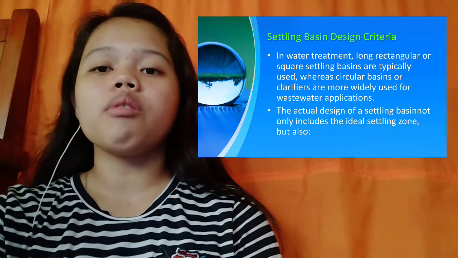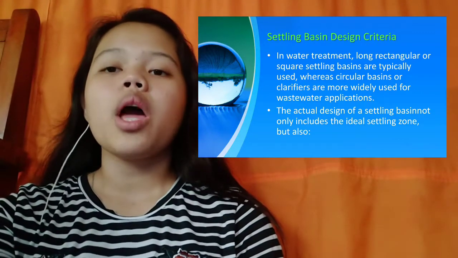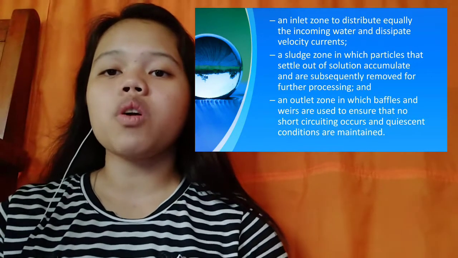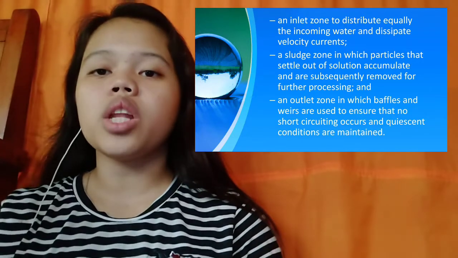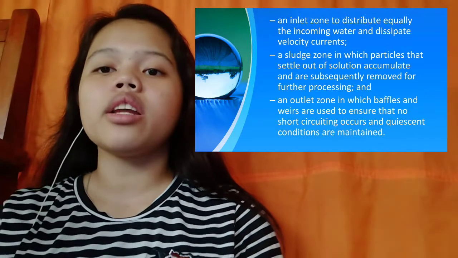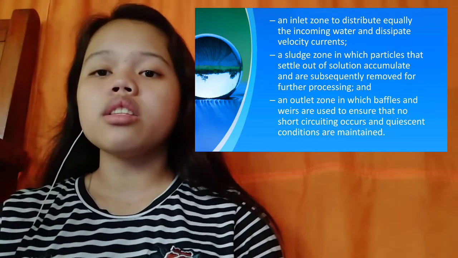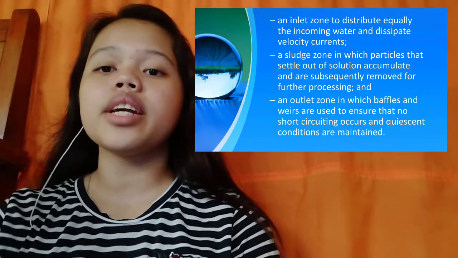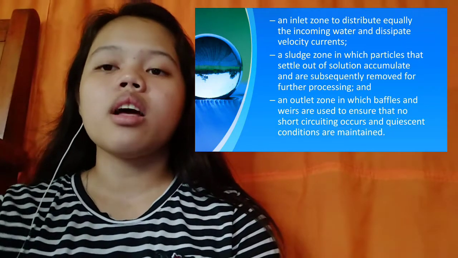The actual design of a settling basin not only includes the ideal settling zone, but also an inlet zone to distribute equally the incoming water and dissipate velocity currents, a sludge zone in which particles that settle out of solution accumulate and are subsequently removed for further processing, and an outlet zone in which baffles and weirs are used to ensure that no short-circuiting occurs and quiescent conditions are maintained.